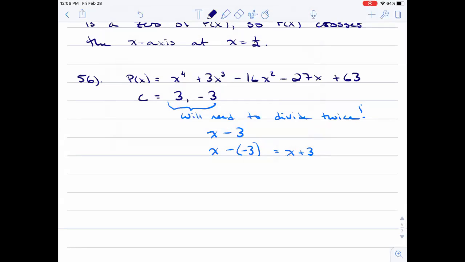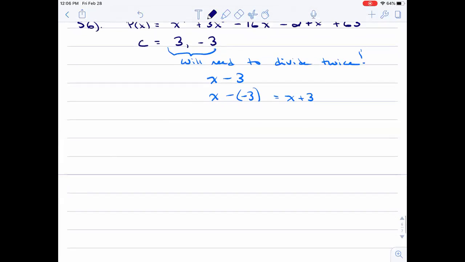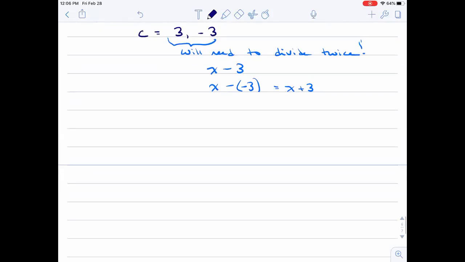And remember, to show that it's a factor, we're hoping for a remainder of 0 at the end. So we'll do the same thing. I'll meet you on the other side. I'll start with x minus 3.